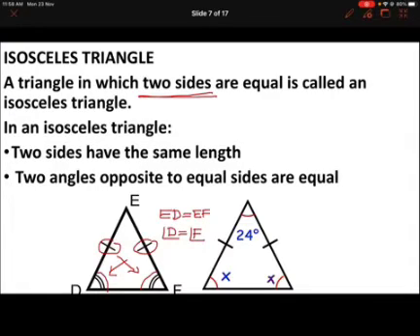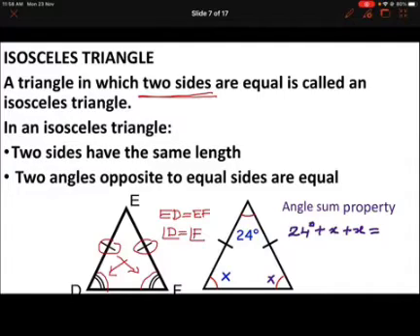Simple. When you have the second property, you remember, the sum of the three angles is 180 degrees. So, 24 degrees plus 2x should be equal to 180 degrees. Okay, let me show you. Angle sum property.